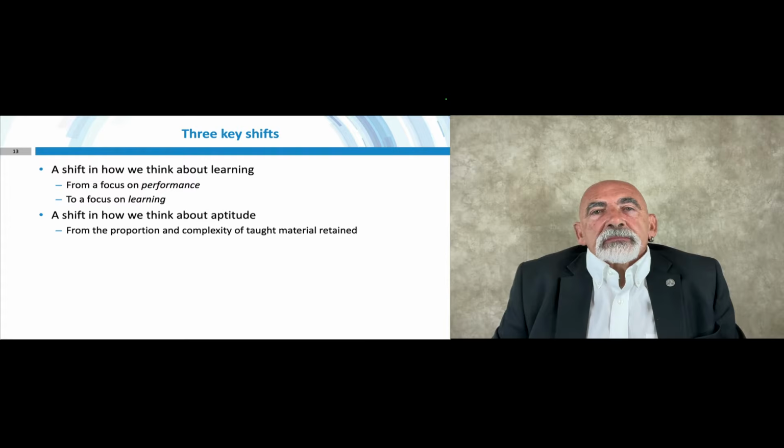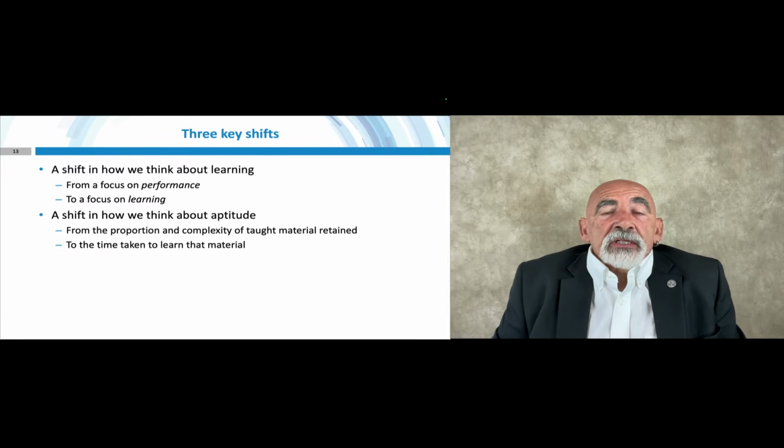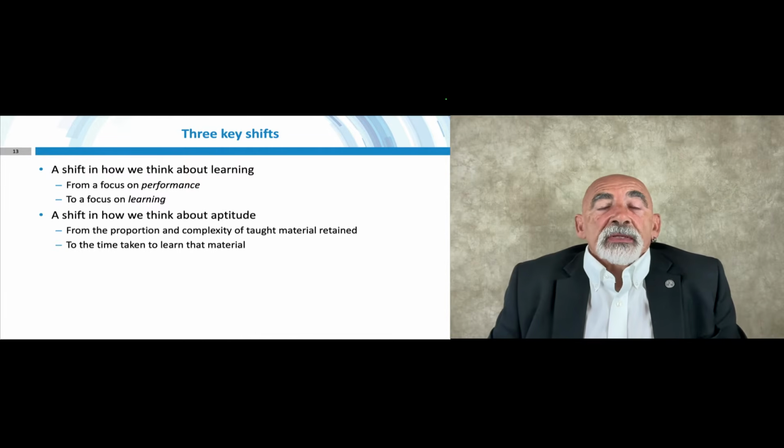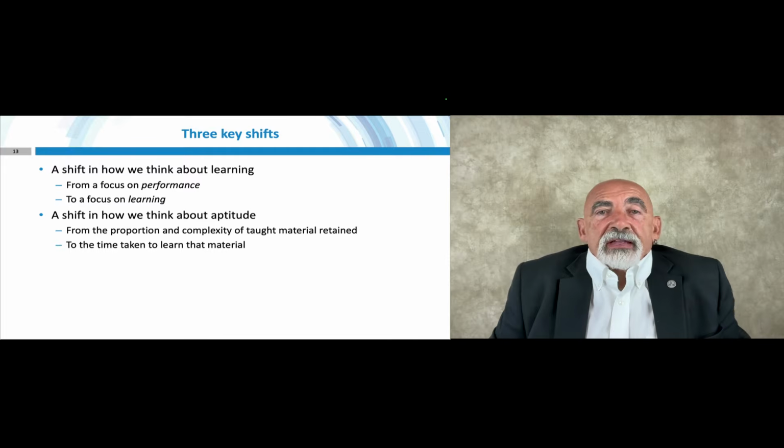John Carroll, in the 1960s, pointed out there's another way to think about aptitude. It's just the time taken to learn the material. So there's no such thing as a limited potential. It's just that some students learn more slowly than others, and if they're given more time and more opportunities, they will learn. And there's recent research that shows that actually that's true.